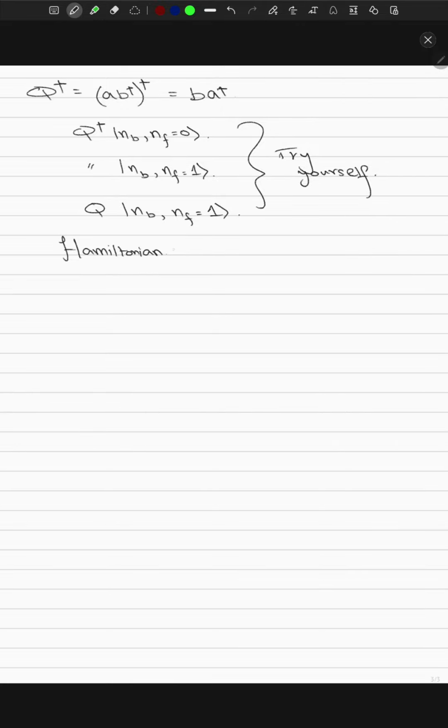And the Hamiltonian, if you recall, for the supersymmetric oscillator, we wrote as A dagger A plus B dagger B. Now you can check the commutation of the Hamiltonian with the supercharge, and it's a very simple task, because all you have to do is write the Hamiltonian as A dagger A plus B dagger B, and then your supercharge as A B dagger.